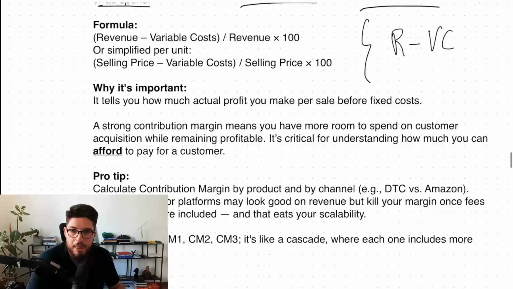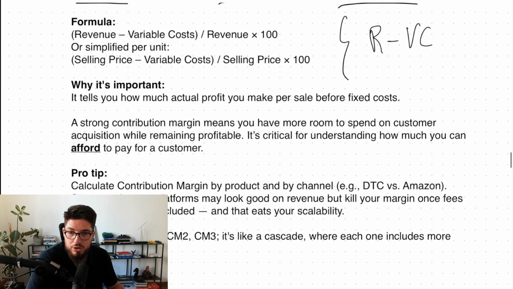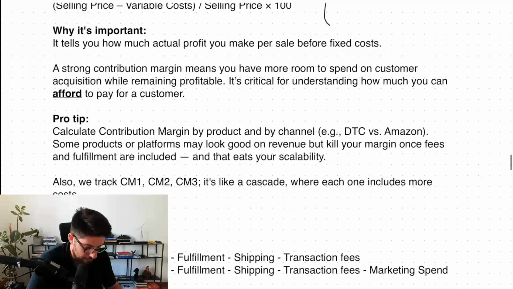So, with a strong contribution margin, you have more room to spend on customer acquisition while securing a profit. So, how much can I pay for a customer? This will help you answer that. And now, two things. Calculate the contribution margin per platform. You have to be aware of who's bringing the profit and who's bringing the growth.